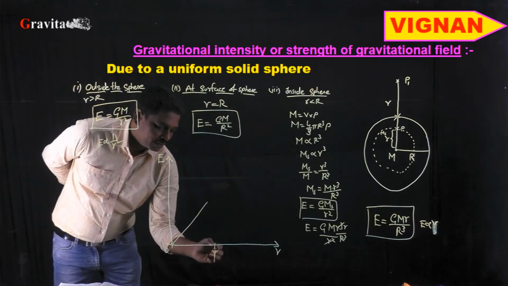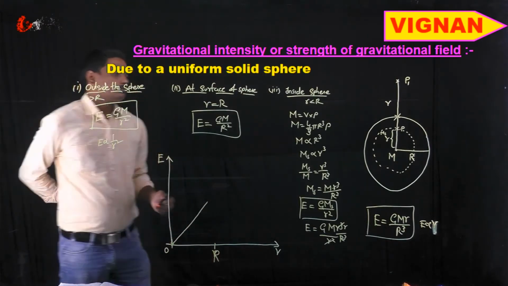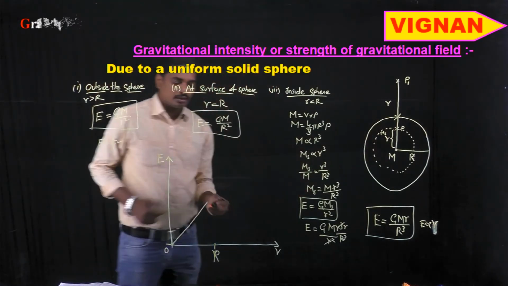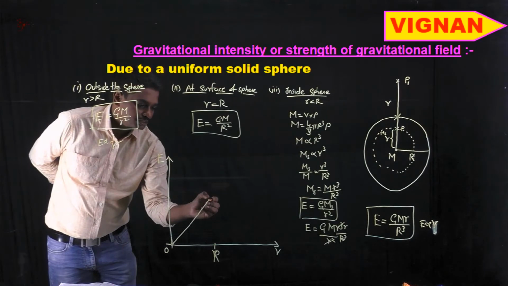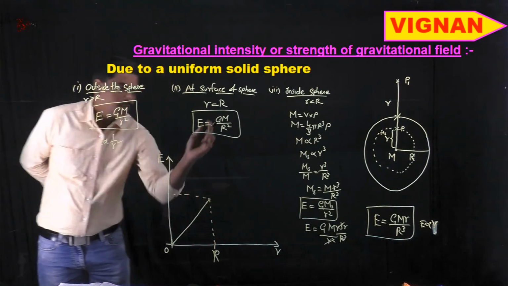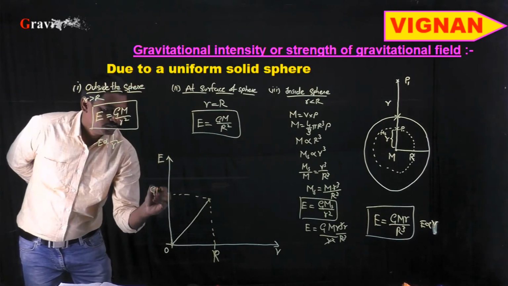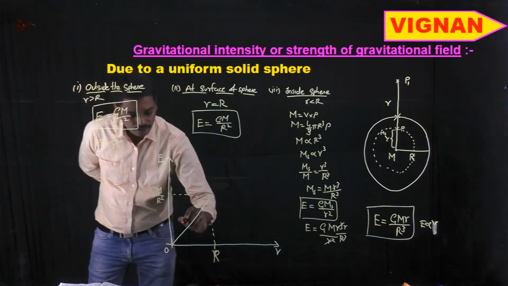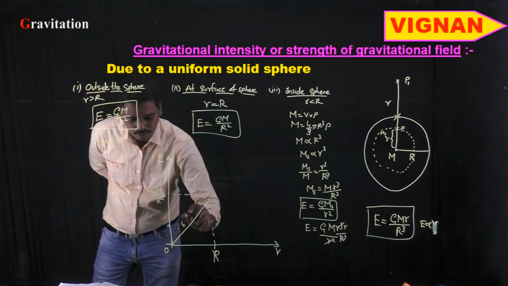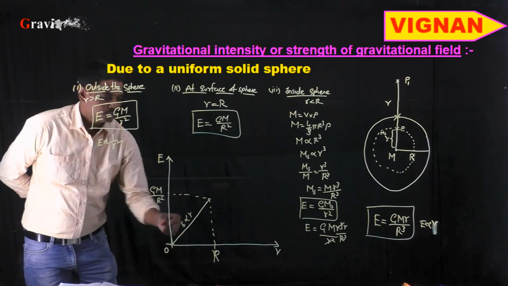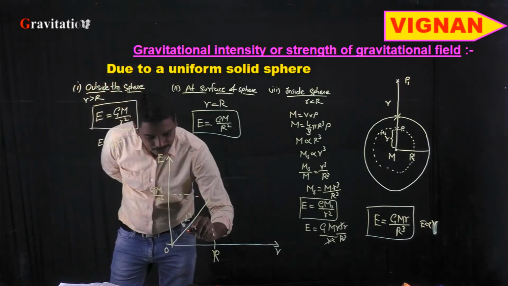At r equal to capital R, at the surface of the solid sphere, it will be the maximum and is equal to G capital M by R square. Until here, E is directly proportional to r. So this is the case of inside the solid sphere.